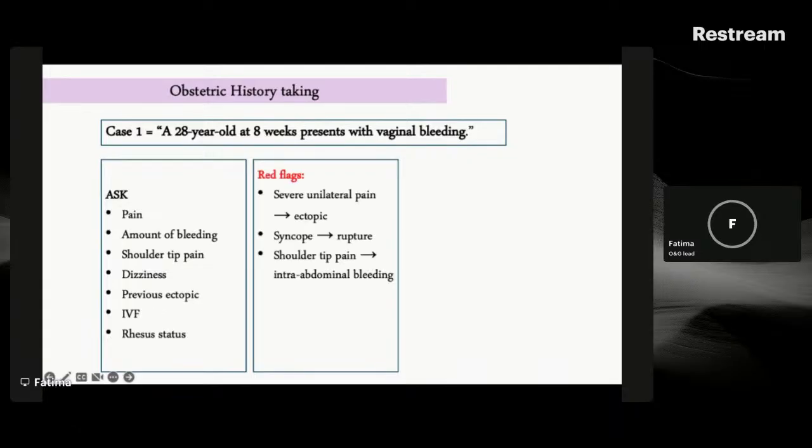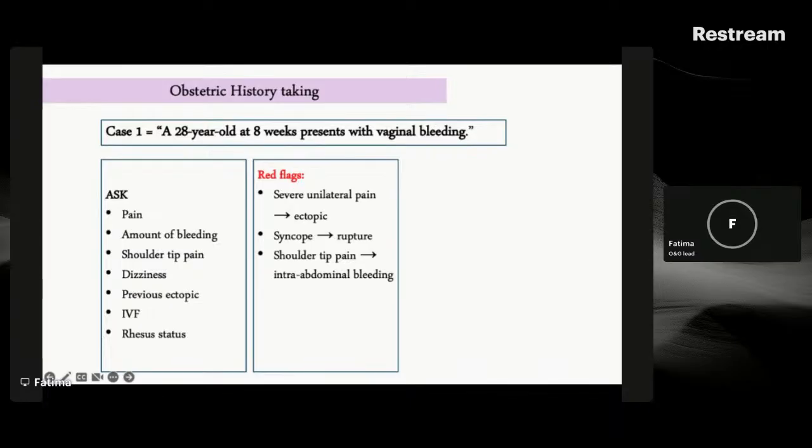Red flags to this would be severe unilateral pain, where you're thinking ectopic, which is serious and needs to be treated. Especially if an ectopic is very painful, then you're thinking of surgical management. Syncope: if they are syncopal, is it a ruptured ectopic? Again, you're thinking to do surgery.